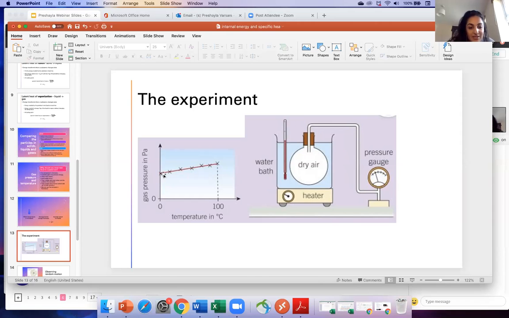So the person is changing it maybe in 20-degree intervals, 5-degree intervals, whatever. And he measures the pressure at each increment. And he plots it on a graph and does a line of best fit. Okay, so a simple experiment which can help us to understand what effect temperature has on pressure.